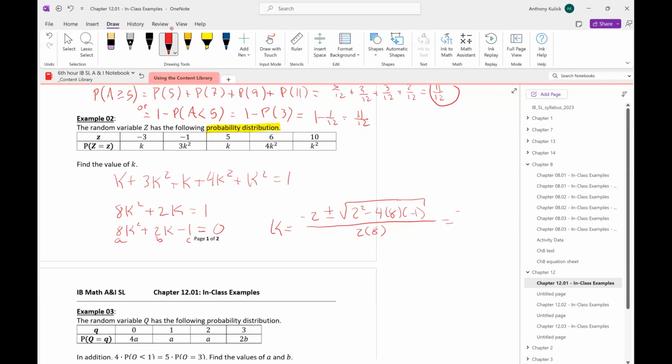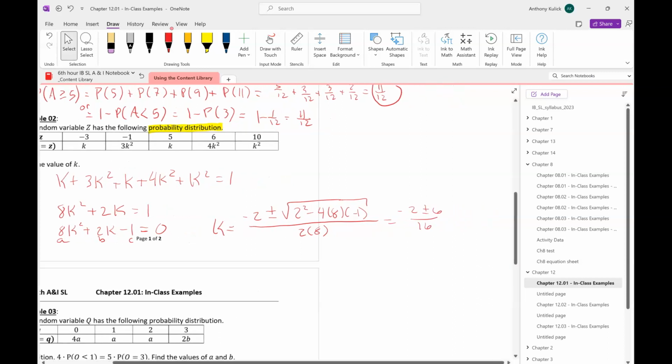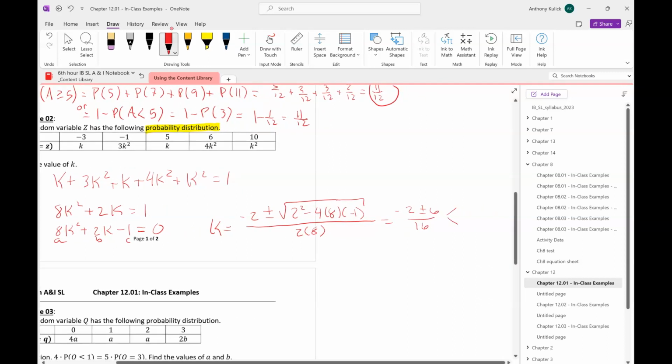The square root of 36 is 6. So if I do the negative, -2 minus 6 is -8 over 16, or -1/2. And then -2 plus 6 is 4 over 16, which is 1/4.